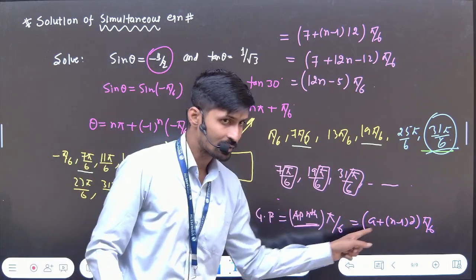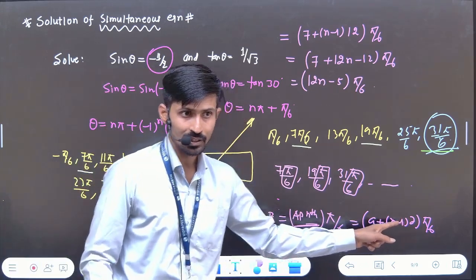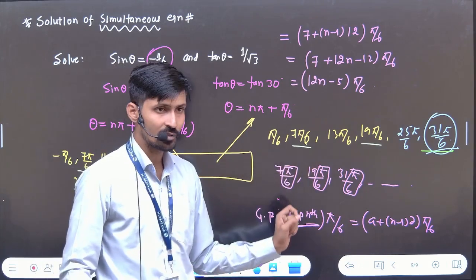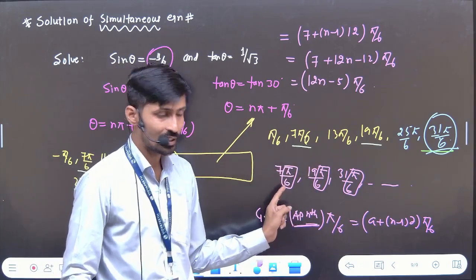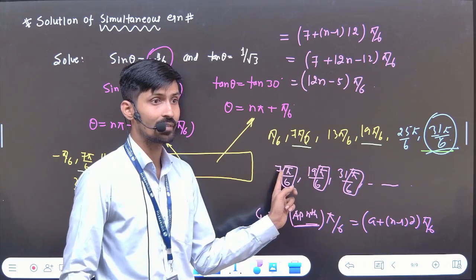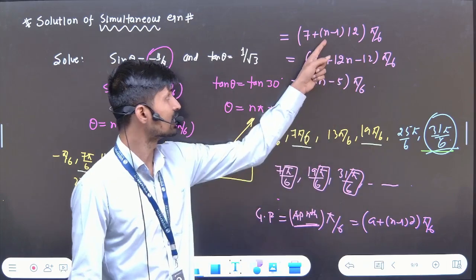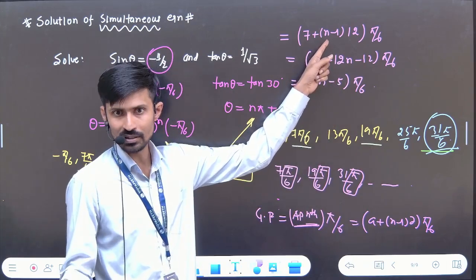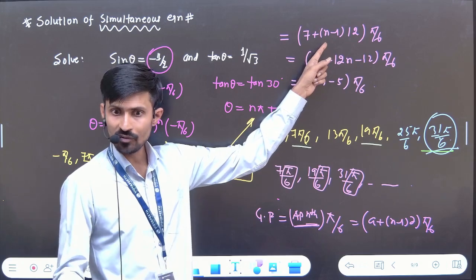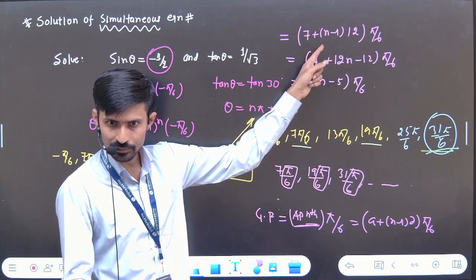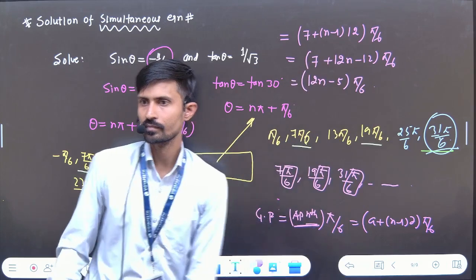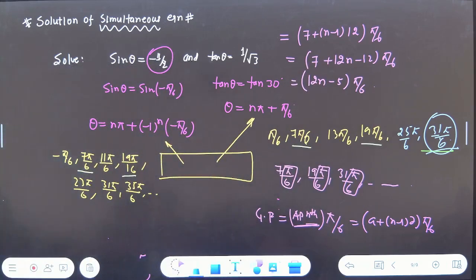Write the AP nth term formula, A plus n minus 1 into D. And in this AP 7, 19, 31, what is A? First term 7. What is D? 19 minus 7, 12. And for N you don't have to write anything, because in the general formula N will come. Write down this whole part.